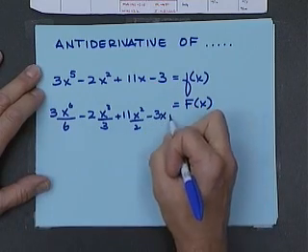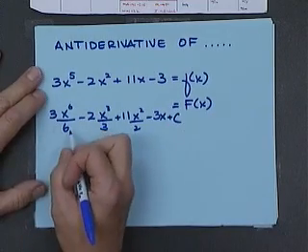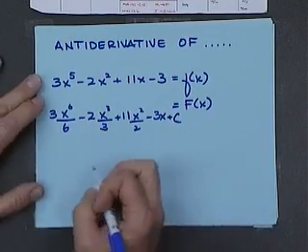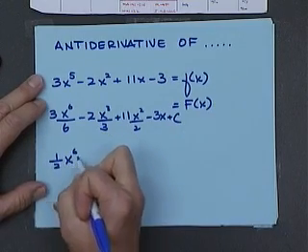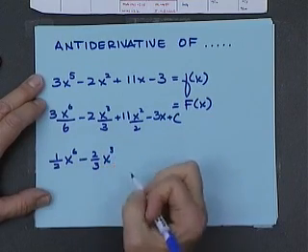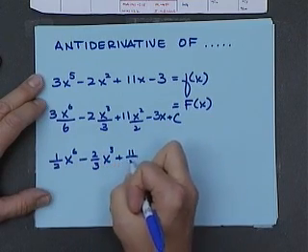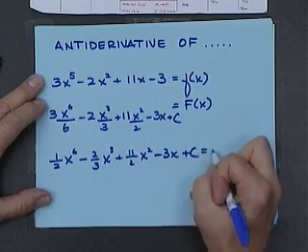And then don't we also have to have a plus c? Now you might want to rewrite this. You don't absolutely have to, but 3 over 6 is 1/2 x to the 6th minus 2/3 x cubed plus 11/2 x squared minus 3x plus c.